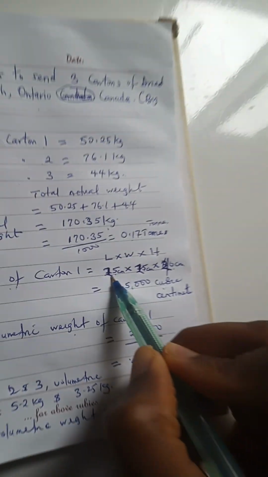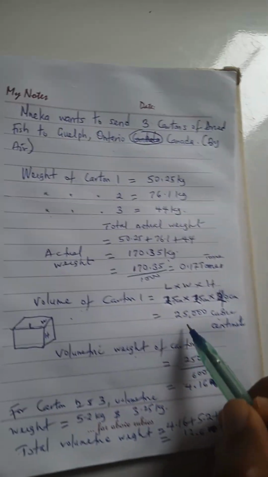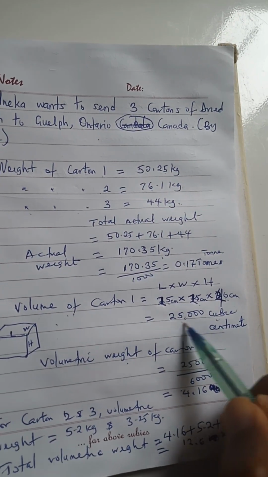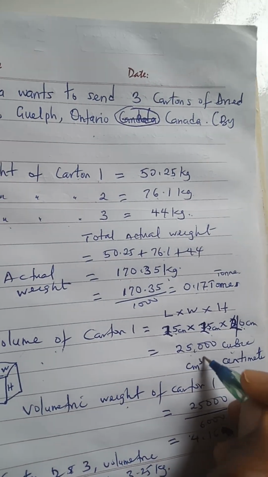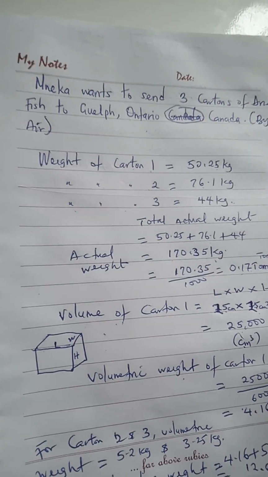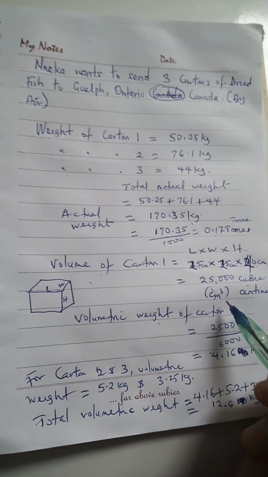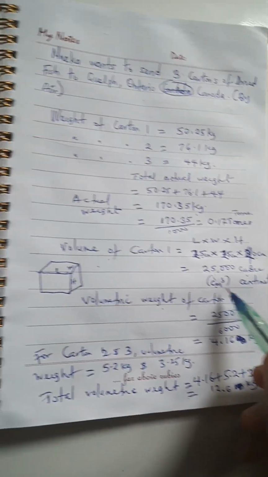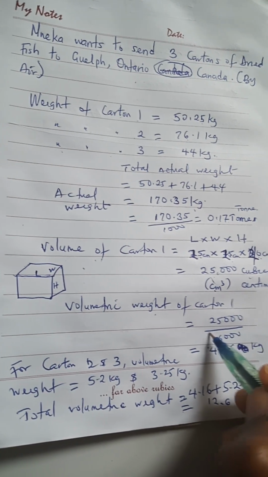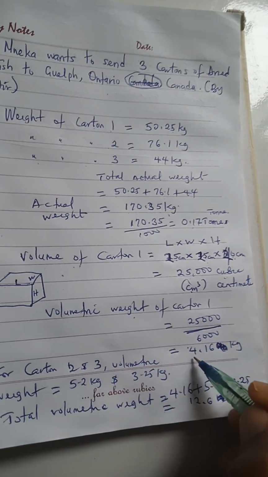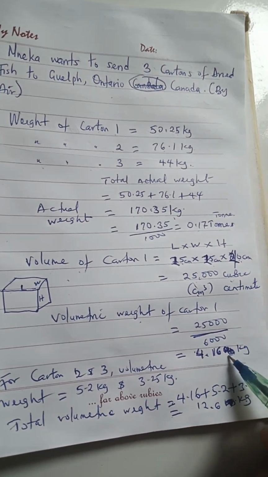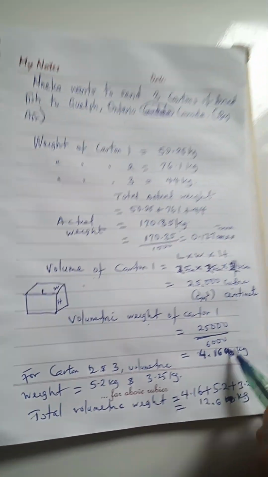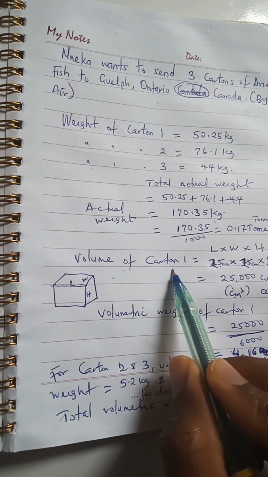That is 25 times 25 times 40, which equals 25,000 cubic centimeters. That value you now get, to get the volumetric weight, you now divide it by 6,000. It will give you 4.16 kg. So that's the volumetric weight of carton one.